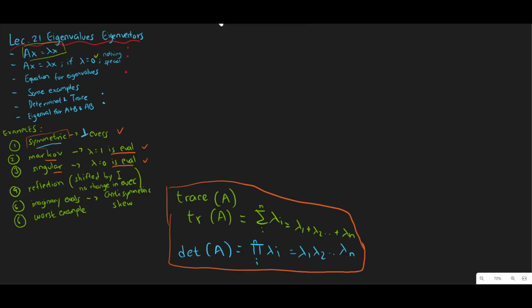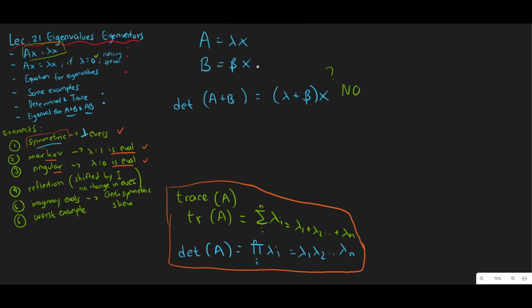The next and last part is the eigenvalues for A plus B and A times B. Let's say I have a matrix A with eigenvalue lambda and matrix B with eigenvalue beta, and eigenvector x. Is this a correct way to get the eigenvalue of A plus B? The answer is no. Why?